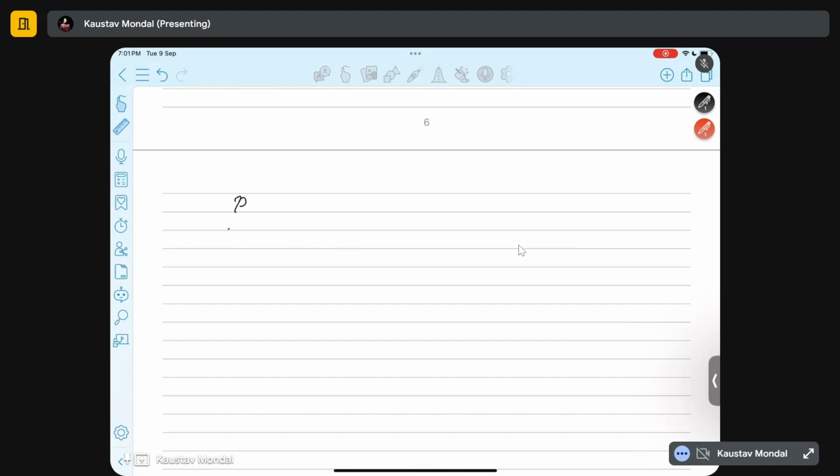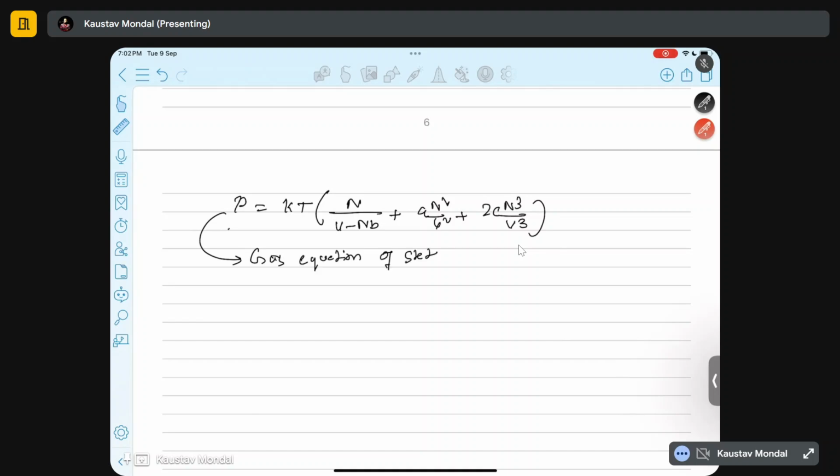So P equals simply kT by n into n by V minus nV plus A by n square by V square plus 2C n cube by V cube. This is basically the expression of the pressure. This is basically the gas equation of state. Okay.